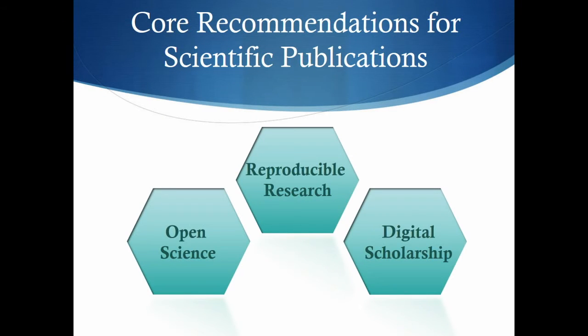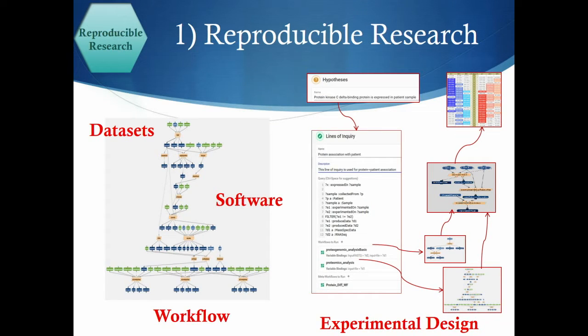So they center around reproducible research, open science, and digital scholarship. So if you want your computational analysis to be reproducible, you have to expose your data sets, the software that you're using, and all the steps that you're following, no matter how minute they are, into a workflow or data flow of computations, and what are the outputs of some computations that go to other computations.